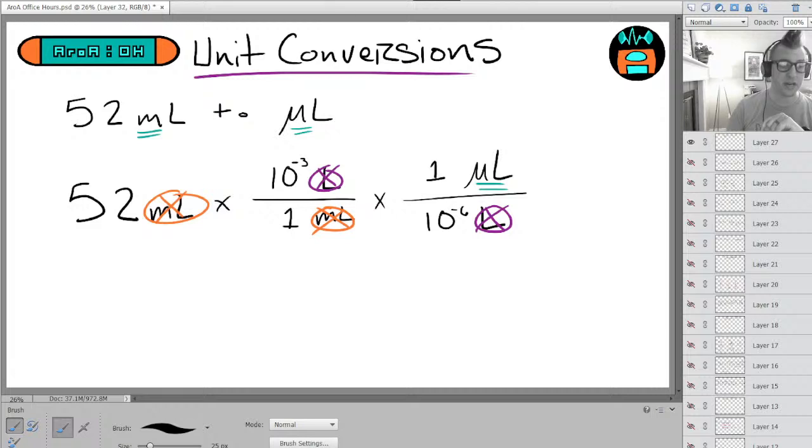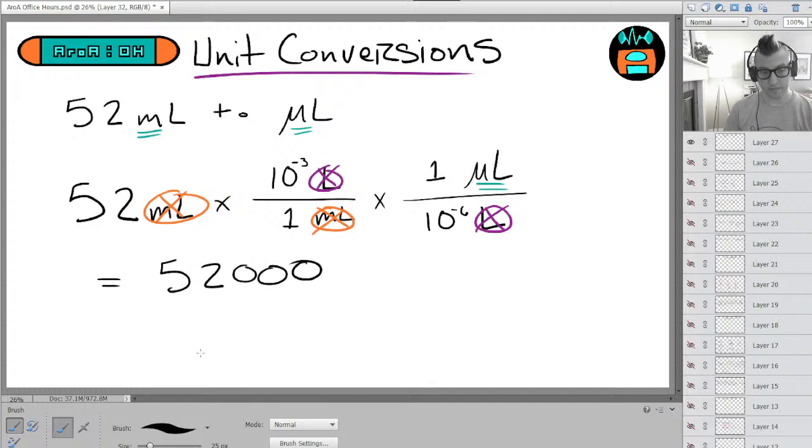When you punch this into your calculator it will tell you that your answer is 52,000. When you look at your significant digits, 52 has 2 sig figs, 52,000 has 2 sig figs, so there's nothing to modify there.